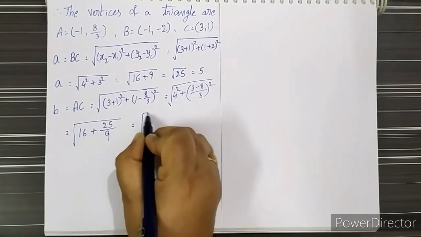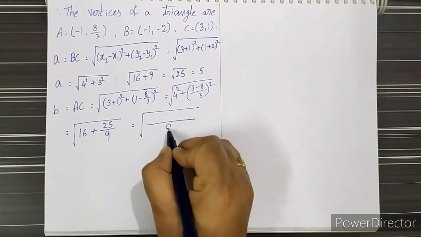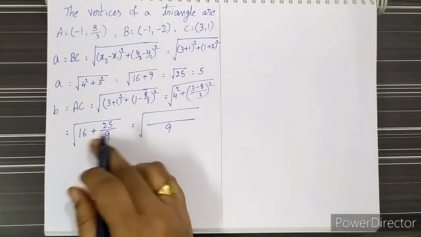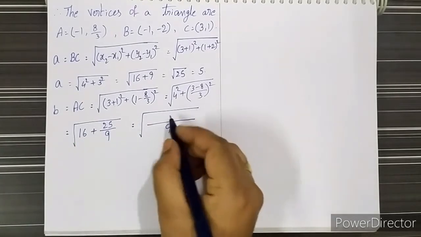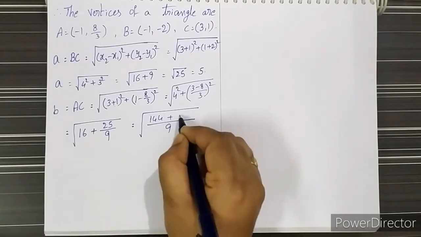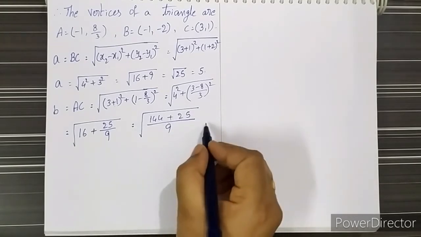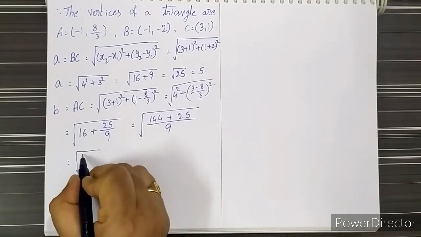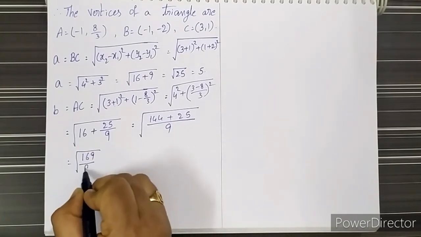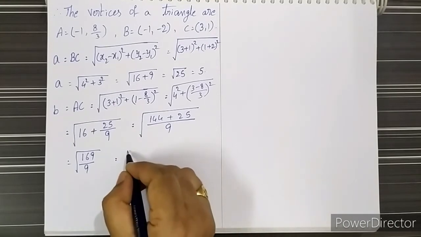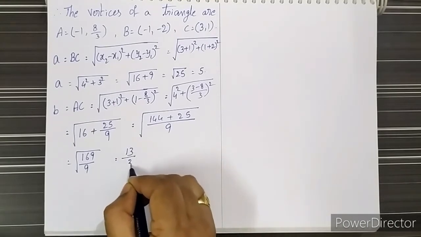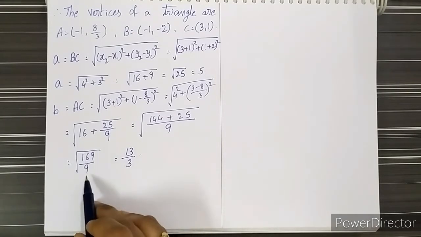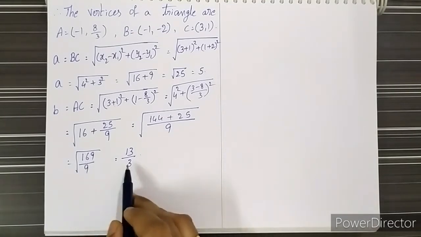That is equal to square root of, here we take 9 as LCM, then 16 into 9 is 144 plus 25 by 9, that is equal to root of 169 by 9. By removing the root, 13 by 3. 13 square value 169 and 9 value 3 square.